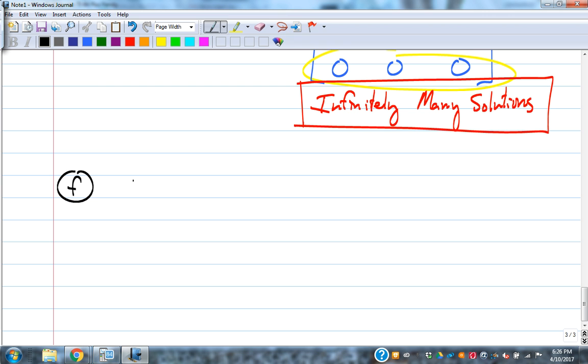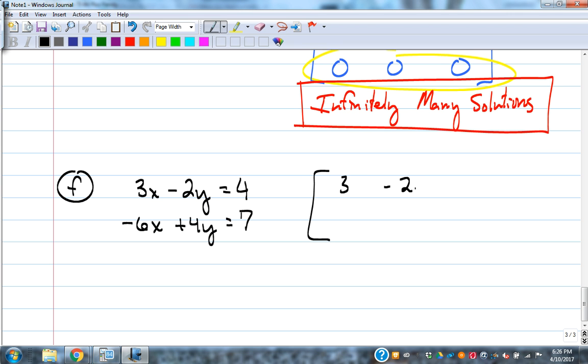Let's look at this system. 3x minus 2y equals 4. Negative 6x plus 4y equals 7. Put that into your matrix, into your calculator, and see what's going on with it.